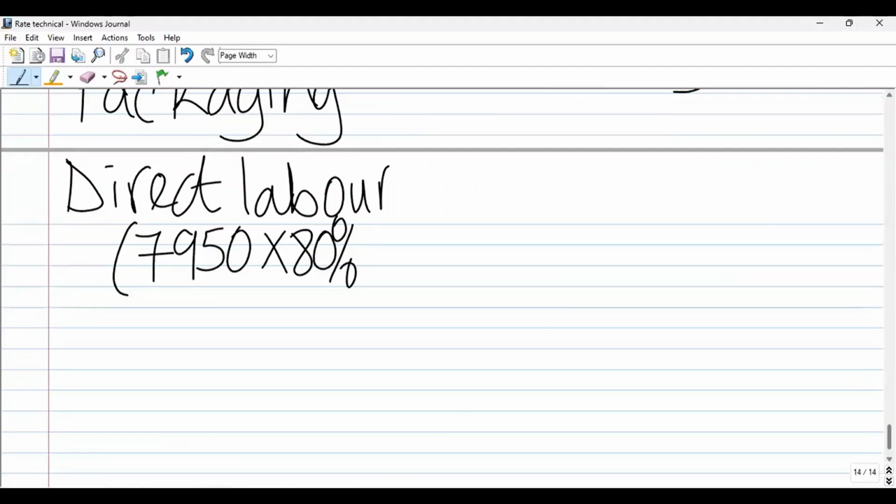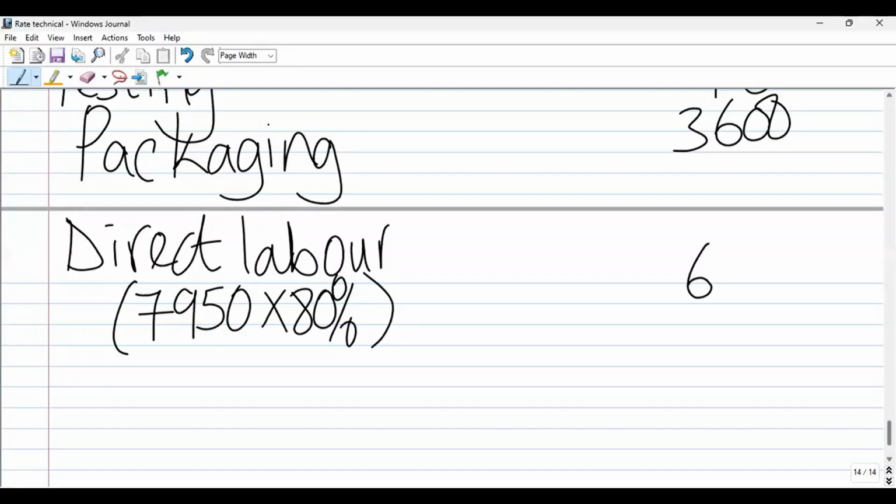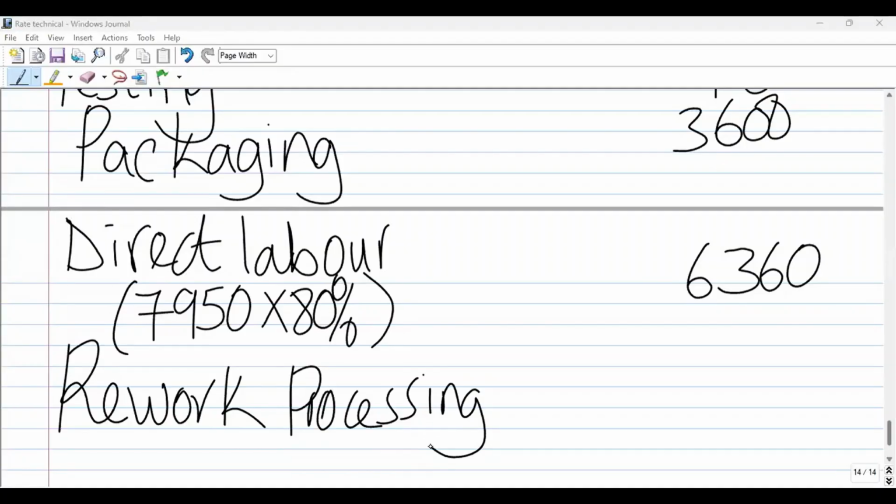What do we get? 6,360. We go to the next. Rework processing, not affected. So rework processing is still 1,320.